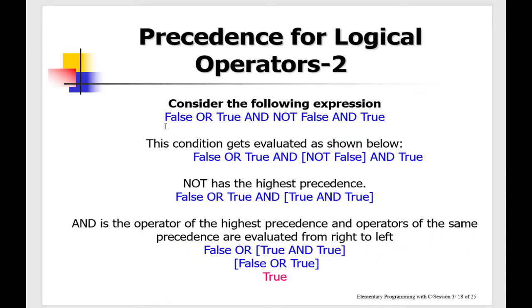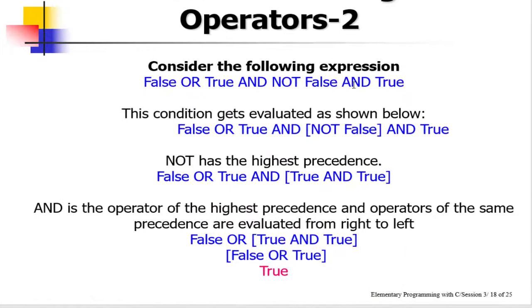Consider the following expression. We have false or true and not false and true. Of course, we have seen not has the highest precedence. So this is where we are going to start, not false. This part evaluates to true. Then we have two ands, the one on this side and the one on this side. We have said the associativity for the logical operators is from the right moving to the left.